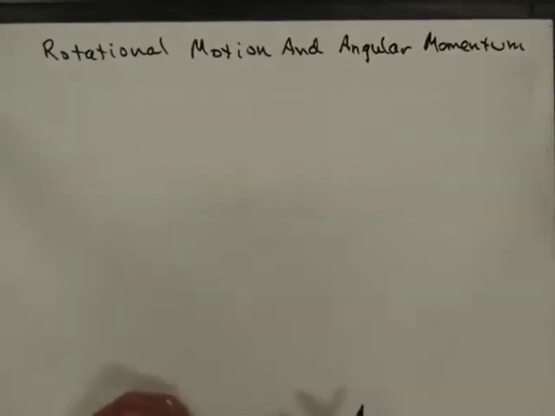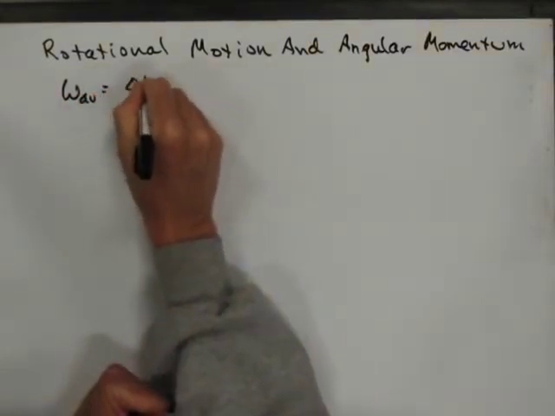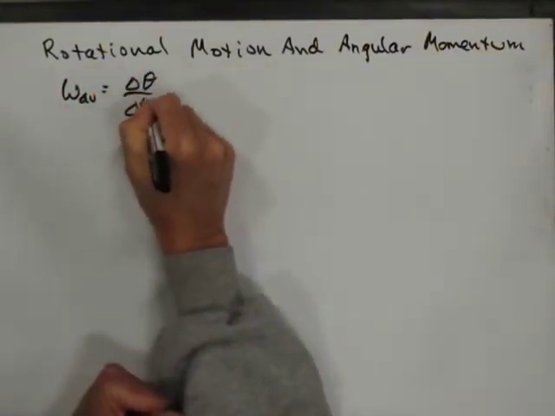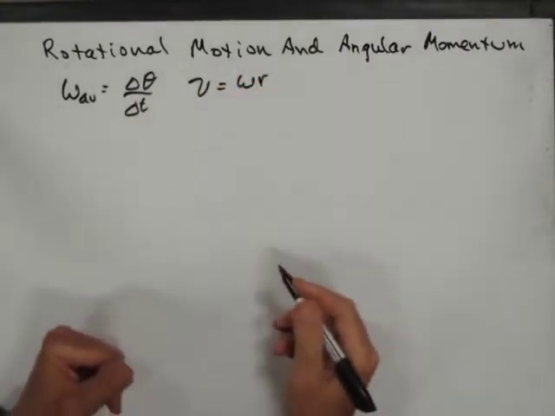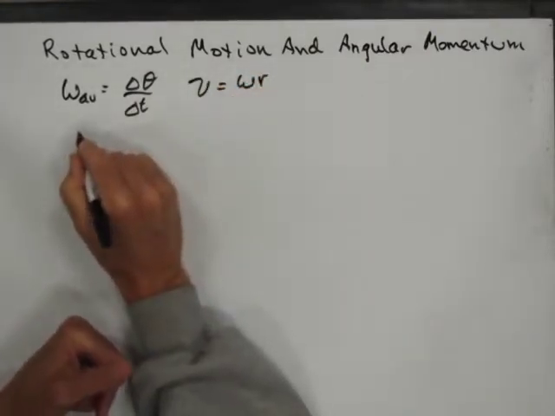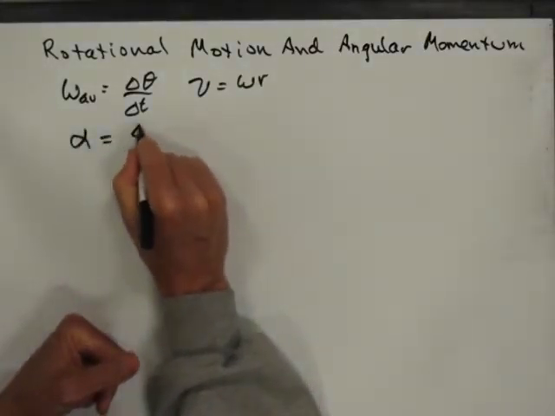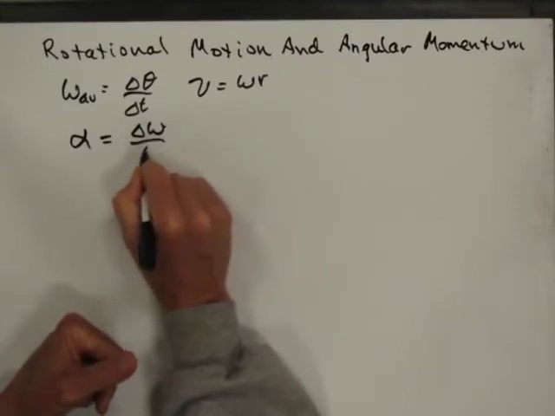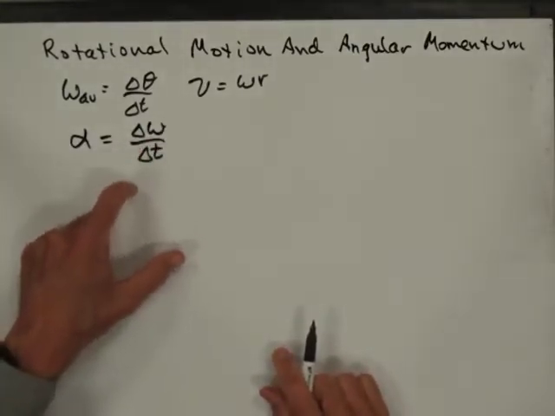So those are a couple of relationships we had. Omega average is the change in angle with respect to the change in time. And then we said v is equal to omega times r. We want to define an angular acceleration, and so we use the letter alpha, and that's equal to the change in angular velocity over the change in time. So this is the rate at which something is speeding up or slowing down, right?